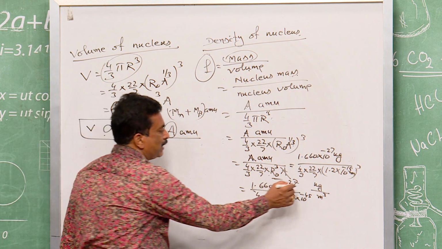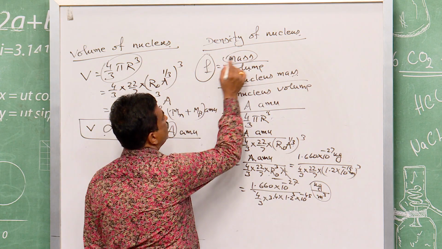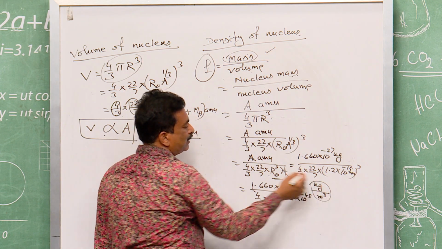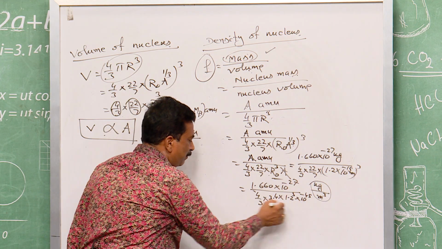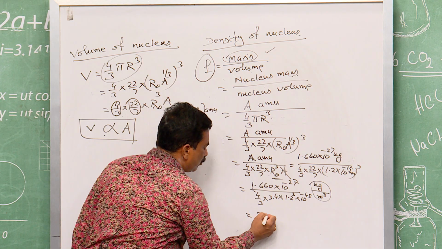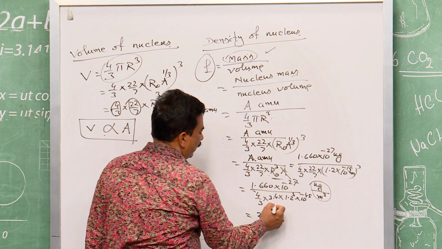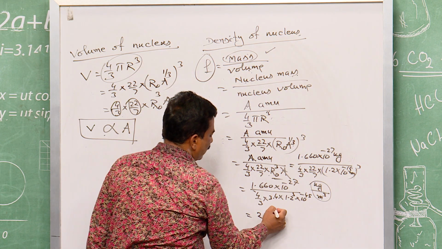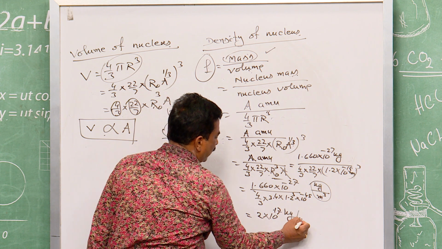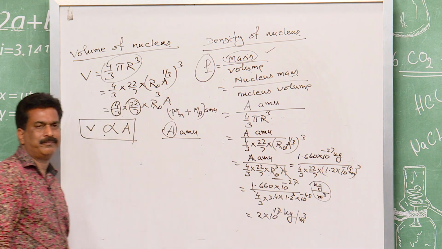This is kg per meter cube, because density is mass by volume. Mass will be in kg, volume will be in meter cube. If you simplify that, it gives 2 into 10 to the power of 17 kg per meter cube.